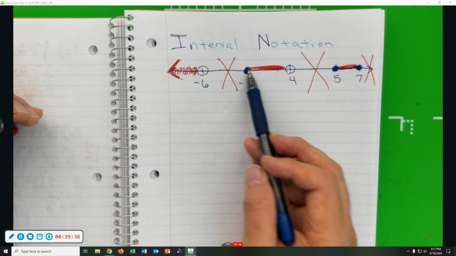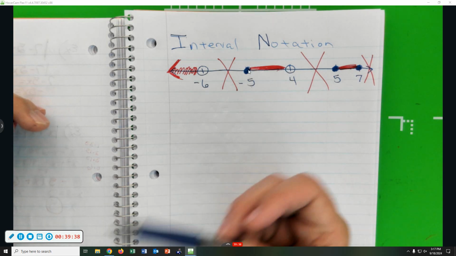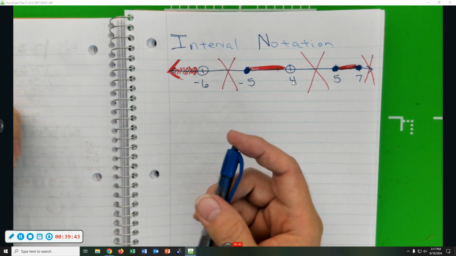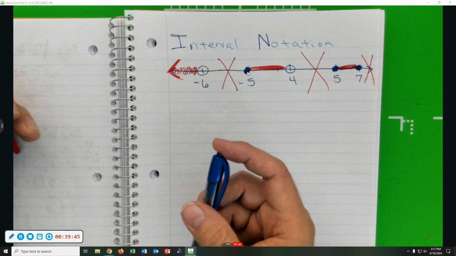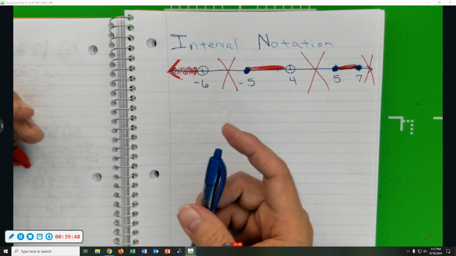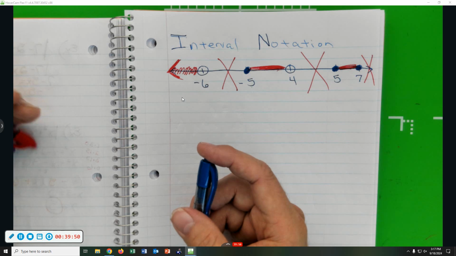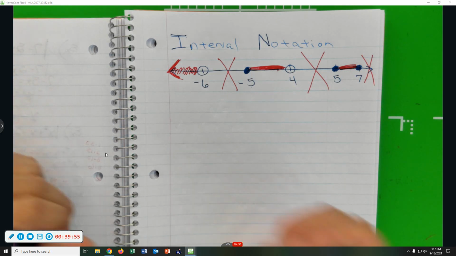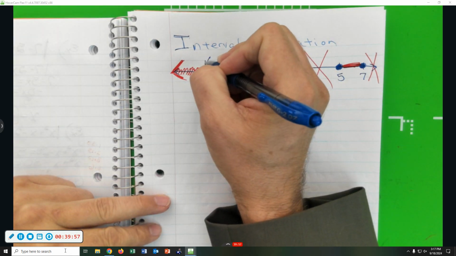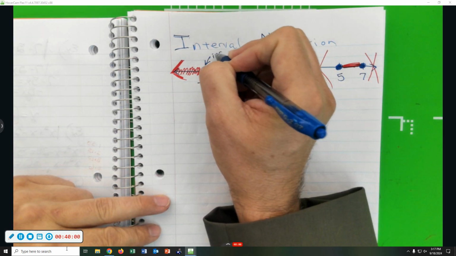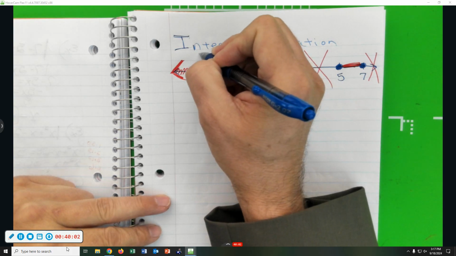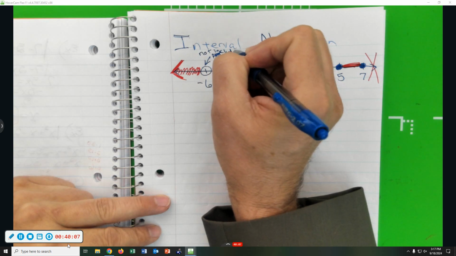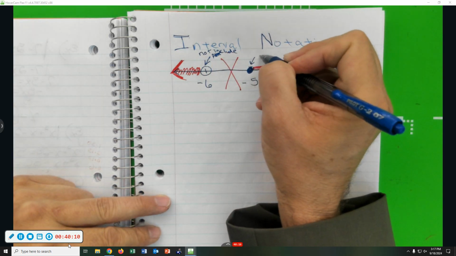In words, the area that's shaded here is the numbers between -5 and +4, including -5, not including +4. So make a note that an open circle means not including, and a closed circle means including. A shaded circle is included.